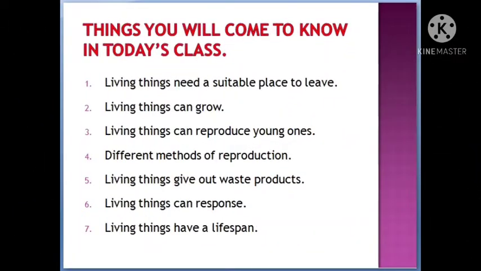Living things need a suitable place to live. Living things can grow. Living things can reproduce young ones. Different methods of reproduction. Living things give out waste products. Living things can respond, and living things have a lifespan. So, these are all the characteristics of living things.